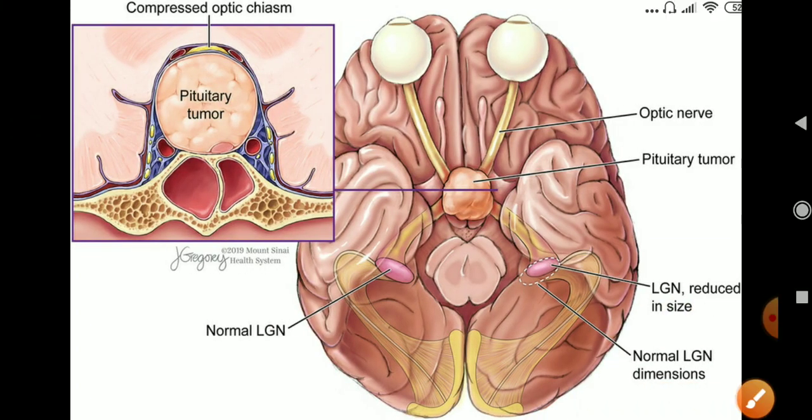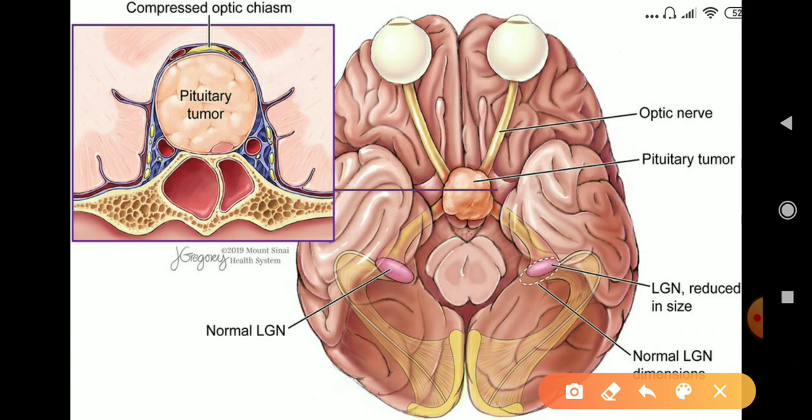For that purpose, I have a presentation here: in case of any tumor of the pituitary, there may be some effect on the visual pathway. For example, I make here a sella turcica, the pituitary fossa, in which are present the anterior lobe and posterior lobe of the pituitary gland. This is the pituitary stalk.